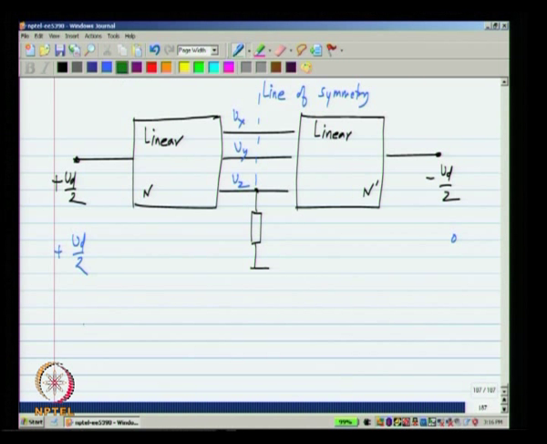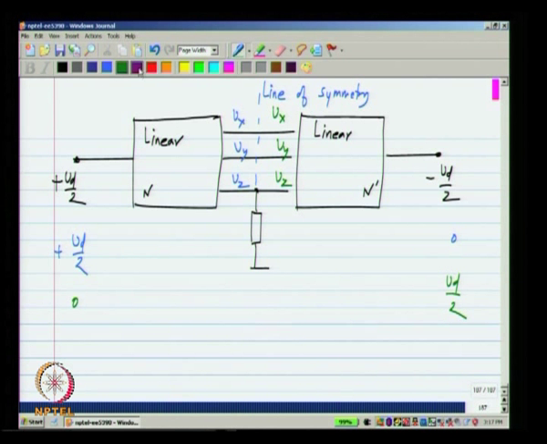Now, let us say I have 0 and Vd by 2. Now, because of the symmetry in the circuit, I will also have Vx, Vy and Vz along the line of symmetry, on the nodes which lie on the line of symmetry.